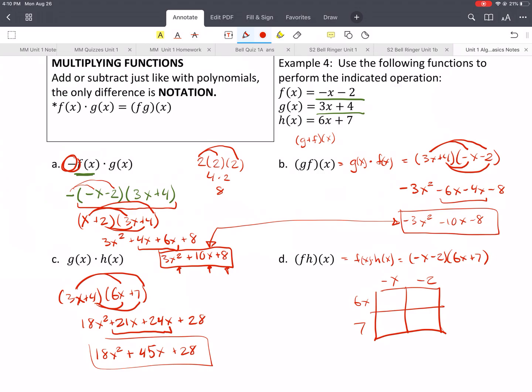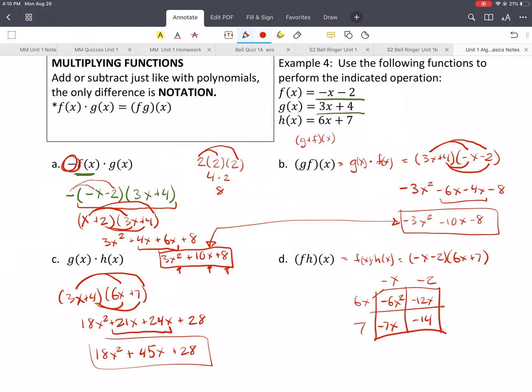Okay, I'm just going to multiply our 6x times a negative x gives us a negative 6x squared. And then 6x times a negative 2 gives us a negative 12x. And then 7 times a negative x gives us a negative 7x. And then 7 times a negative 2 gives you negative 14.